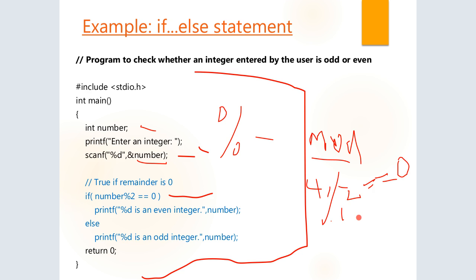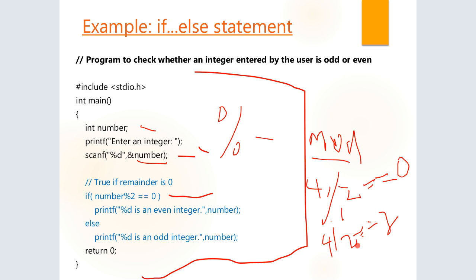So it returns the remainder when a division takes place. It's unlike division, where 4 divided by 2 should be 2. So it's not the same. It's a different operator that returns the remainder if a division takes place.